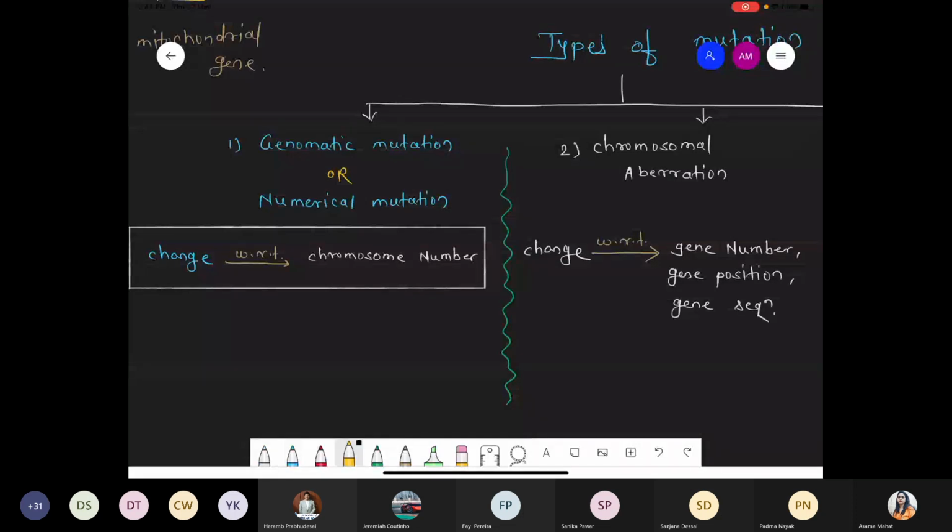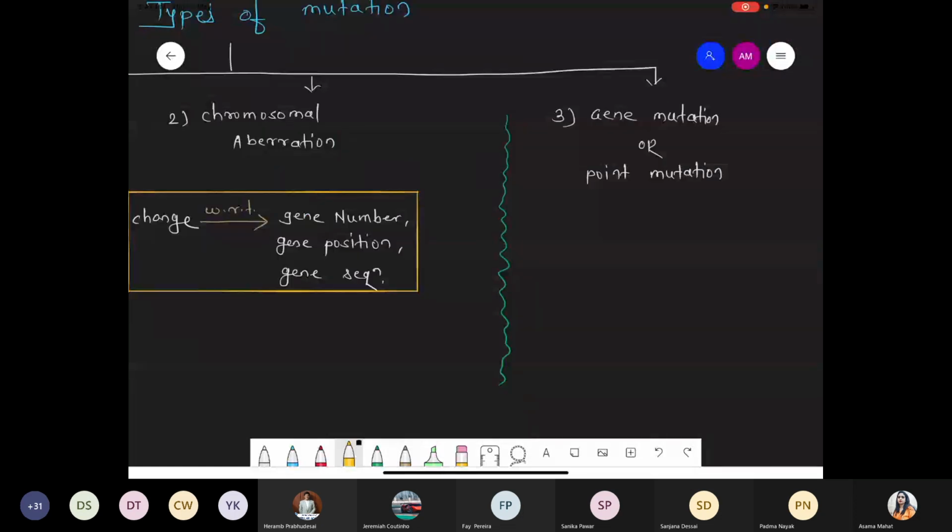So if there is any change with respect to gene related information like number, gene position or sequence, such kind of mutation is called chromosomal aberration. And the last point, gene mutation, also called point mutation, is a change with respect to nucleotide number, nucleotide sequence or nucleotide type.